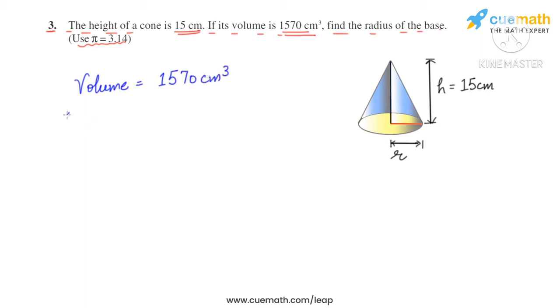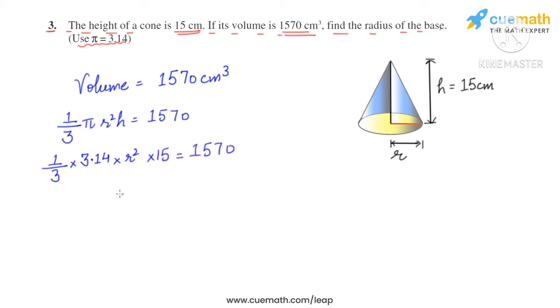We know the formula 1 by 3 pi r square h is equal to 1570. Substitute the values of h and pi. So 1 by 3 into 3.14 into r square into 15 is equal to 1570. Transpose everything to the right side except r square.